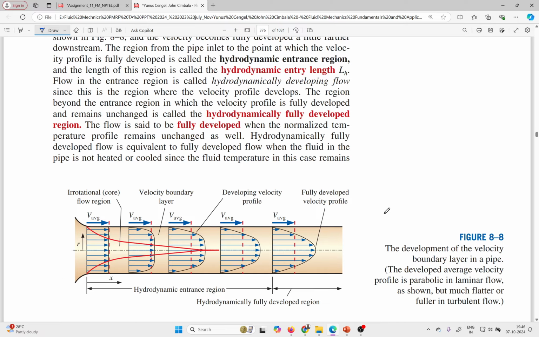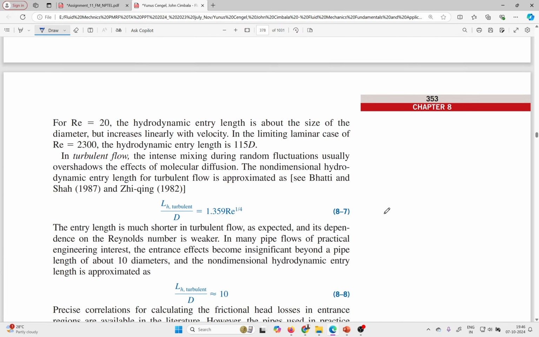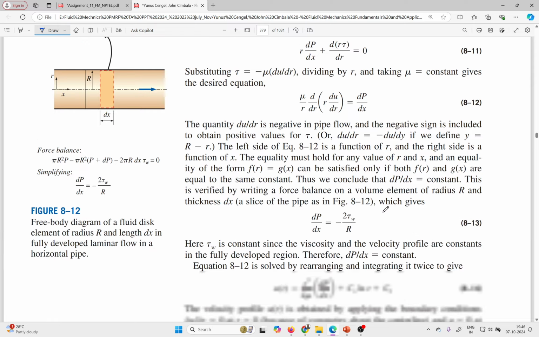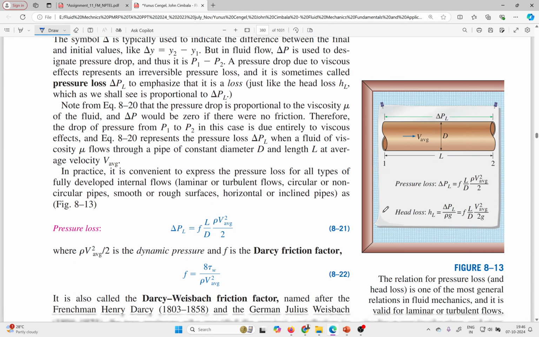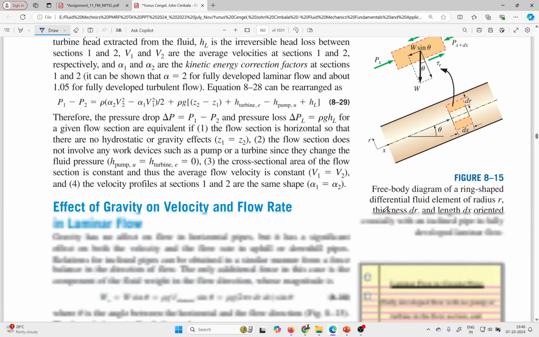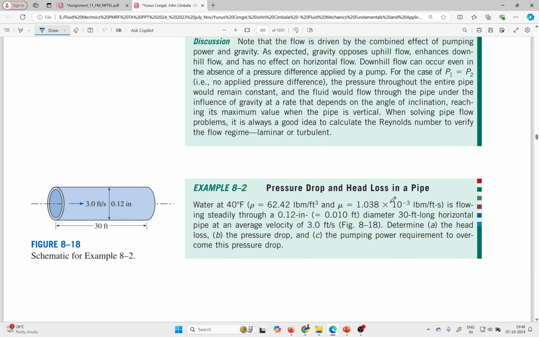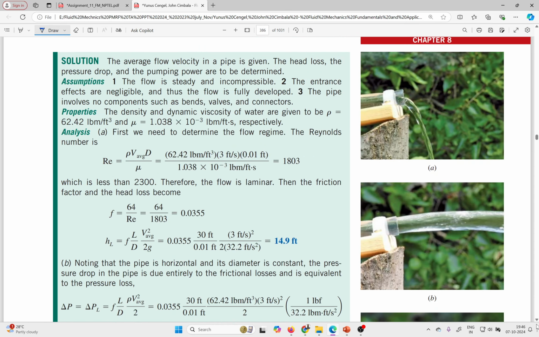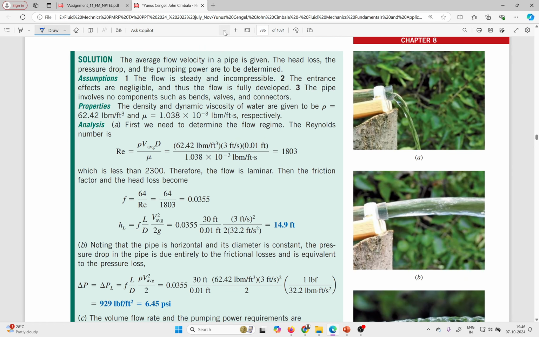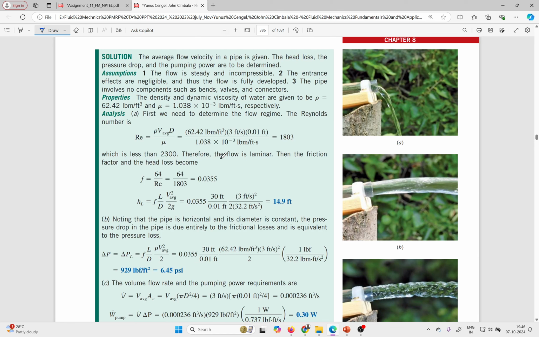Here is some experimental data, some photos. You can see here, this is the laminar flow, very smooth.